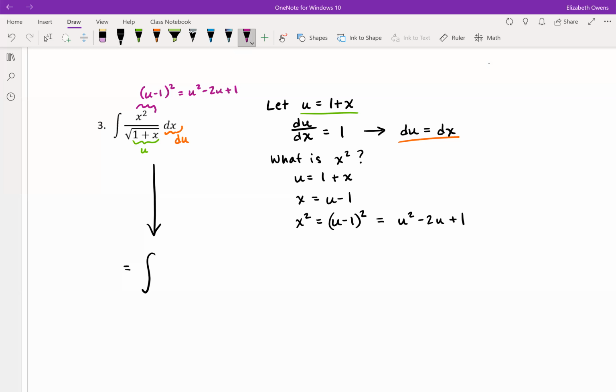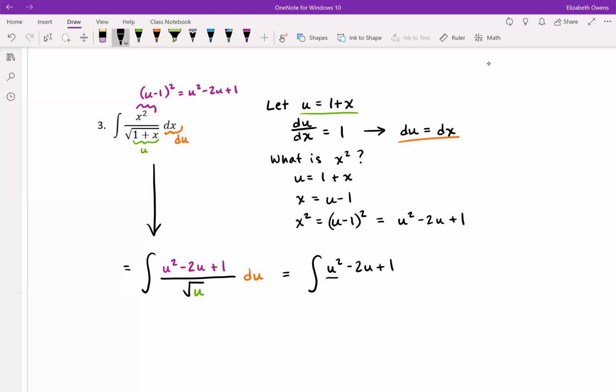Okay, so when we convert our integral, it looks like this. The integral of, in the numerator there, u squared minus 2u plus 1, all over the square root of u, and then the dx gets replaced with du. Let's rewrite that square root.